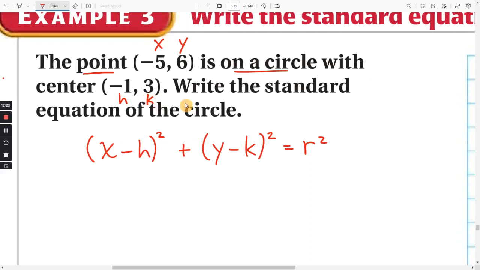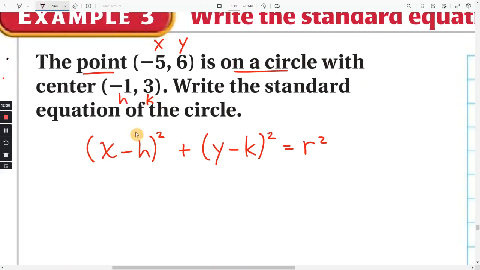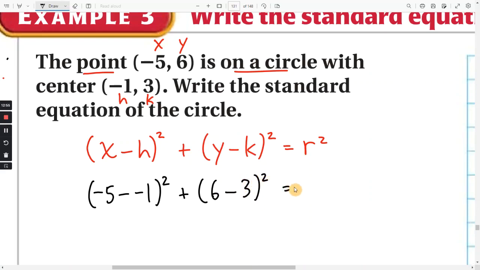So in this case we have to plug in these points in order to get r squared. For x, we're plugging in negative 5, minus h, and h is negative 1. For y, we're plugging in 6 minus k, and that's 3. And that whole thing is squared, and it's going to equal r squared.